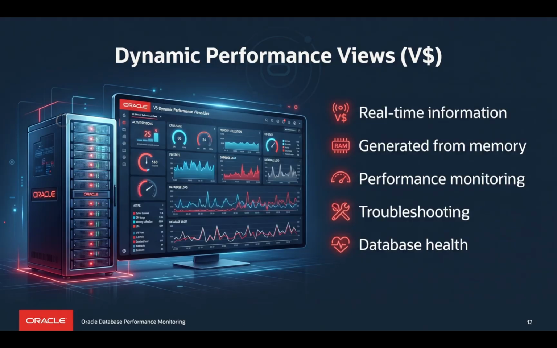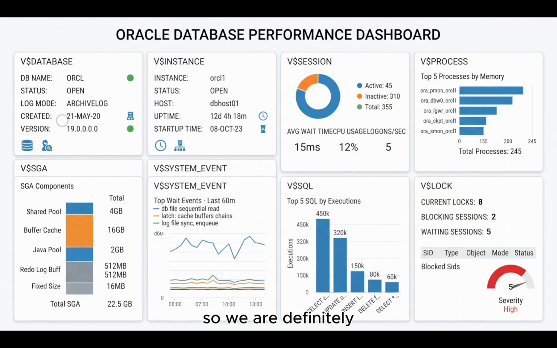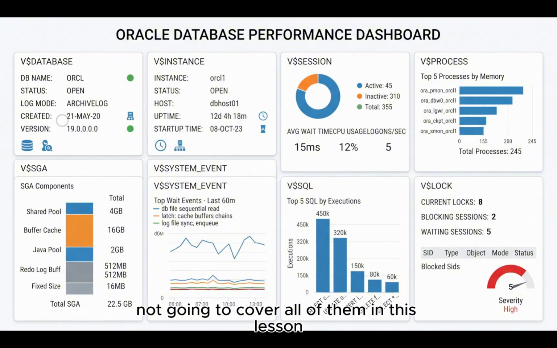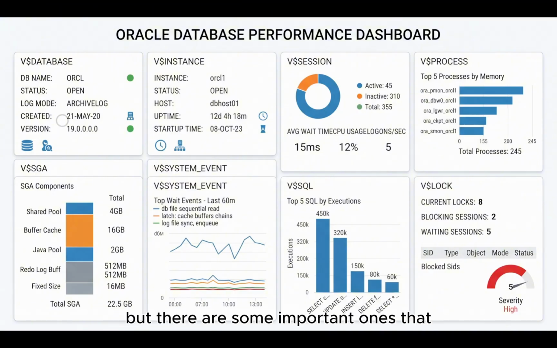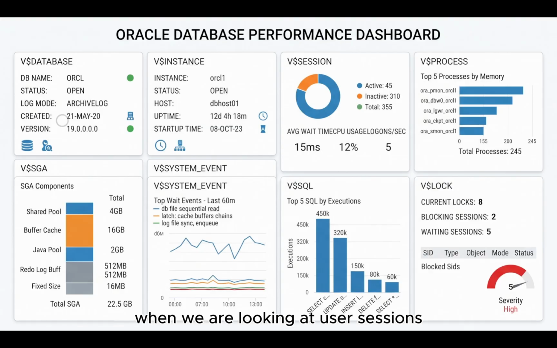Oracle provides hundreds of dynamic performance views, so we are definitely not going to cover all of them in this lesson, but there are some important ones that every Oracle DBA should know. We have V$DATABASE, we have V$INSTANCE, we have V$SESSION, which is very useful when we are looking at user sessions.